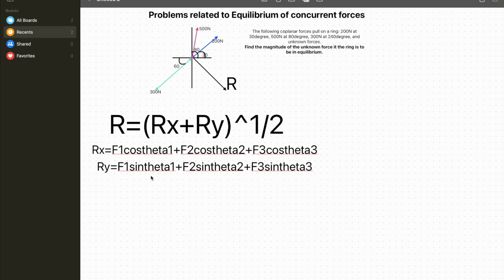So the collective force is represented as R. This R isn't R only, it's F, and this is Fx, this is Fy.